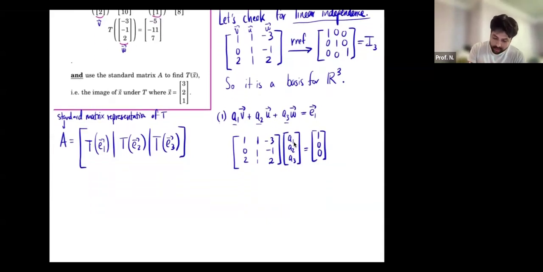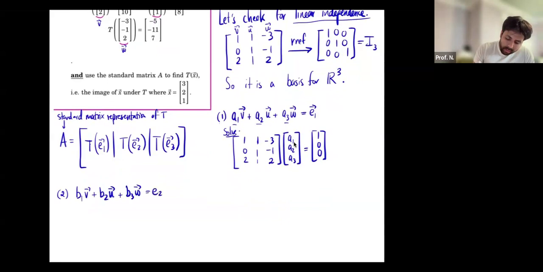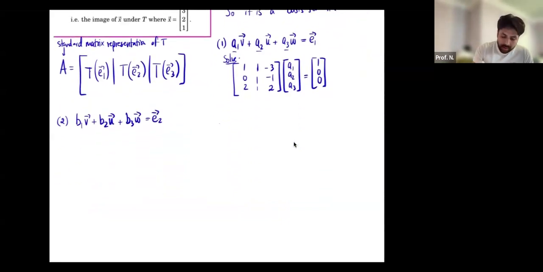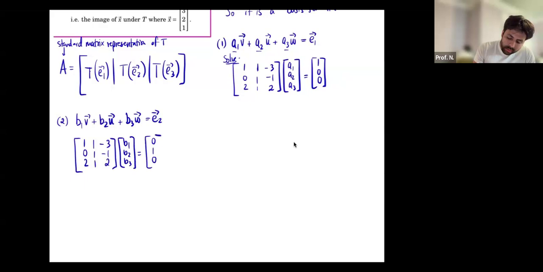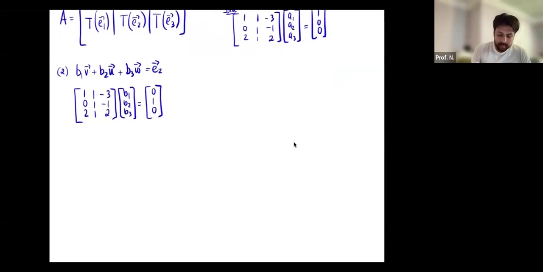So I'm gonna solve. Then I'm gonna have the other one. This is gonna be B1 V plus B2 U plus B3 W equals E2. Gives me the same kind of matrix, 1, 0, 2, 1, 1, 1, -3, -1, 2, times B1, B2, B3, equal to 0, 1, 0. Are you guys following this?